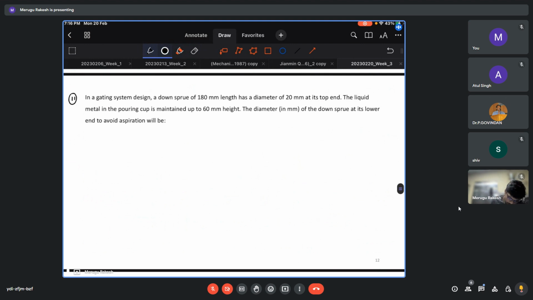So this is something regarding aspiration. You can answer this only if you know what the aspiration effect is and what condition we need to follow.